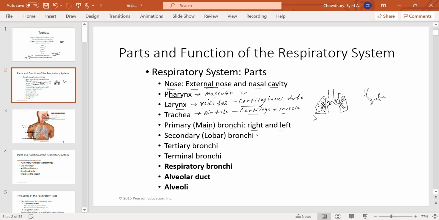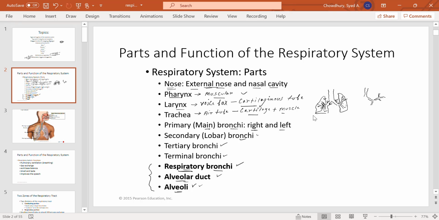So secondary bronchi give the tertiary bronchi, smaller branches, and tertiary bronchi give the terminal bronchi, the respiratory bronchi, alveolar duct and alveoli. Now gas exchange takes place through the wall of these last three structures, okay, through the wall of the respiratory bronchi, that's why called respiratory, and alveolar duct and alveoli.